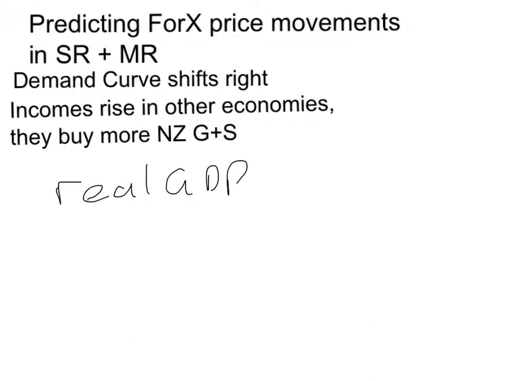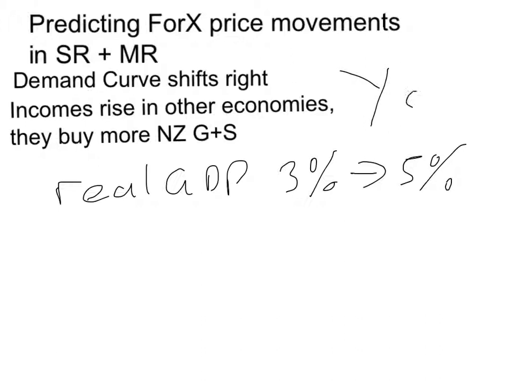If you have an economy where suddenly the real GDP goes from 3% say to 5%, then what that means is that incomes in that country have risen. And so naturally they will want to buy products and services produced by other economies, including ours. So what's going to happen for the demand for the Kiwi? It's going to rise. Let's just illustrate that.